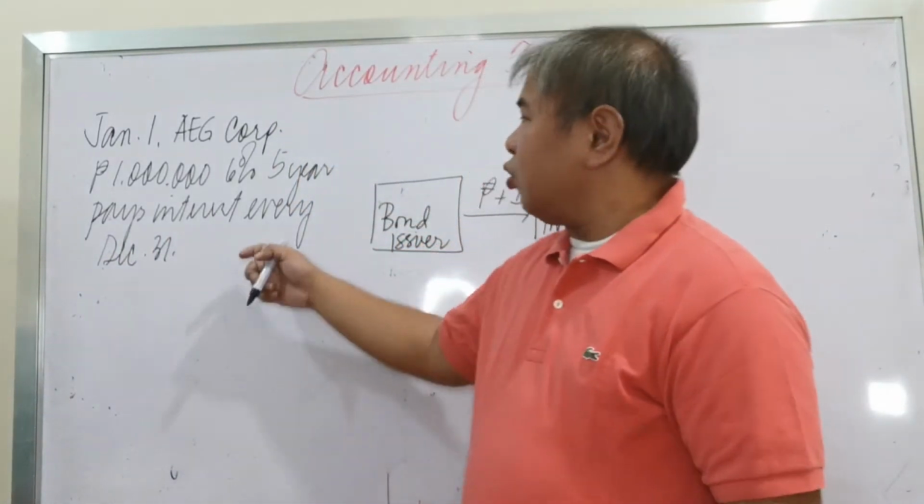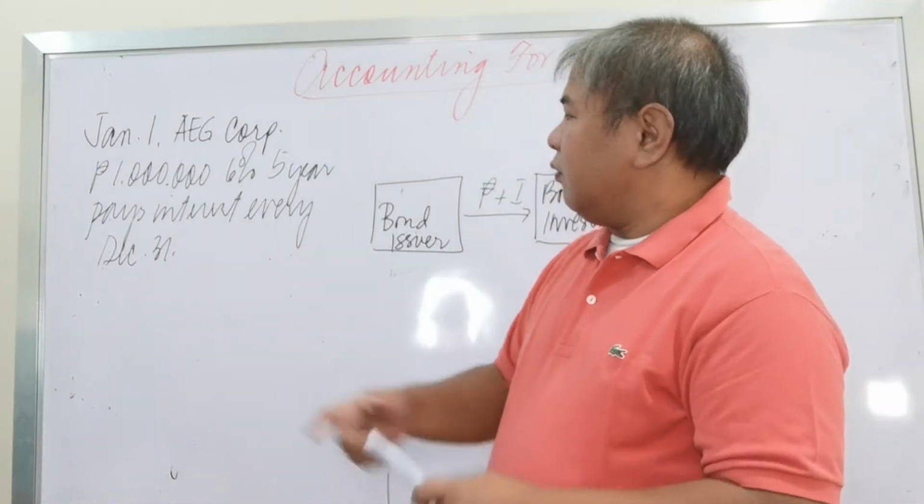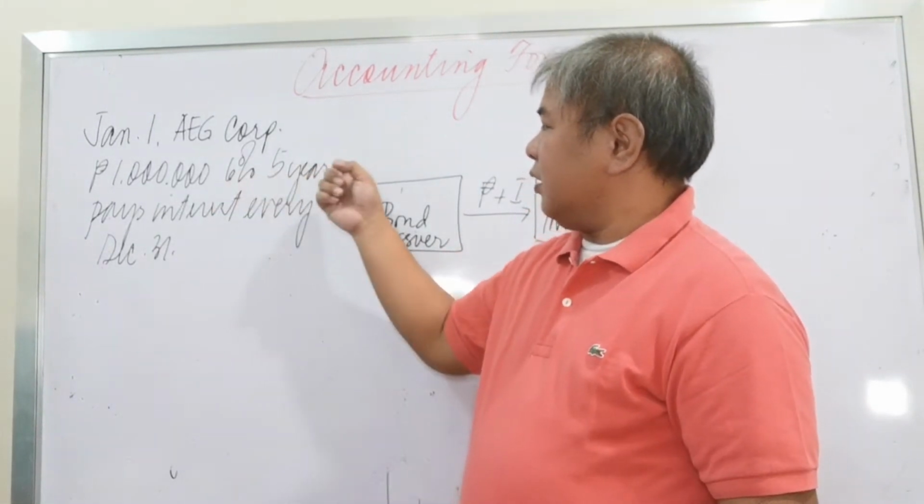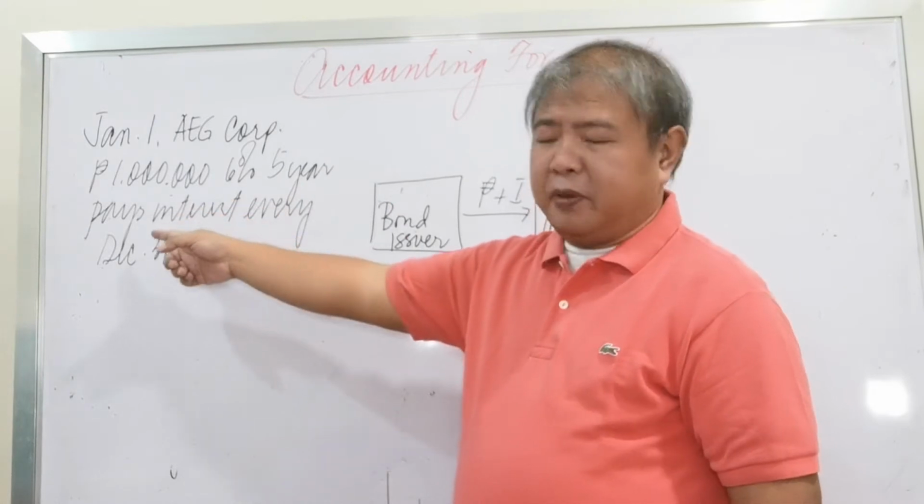So let us assume that AEG floated a 1 million bond at 6%, 5 years, and it pays interest every December 31st.